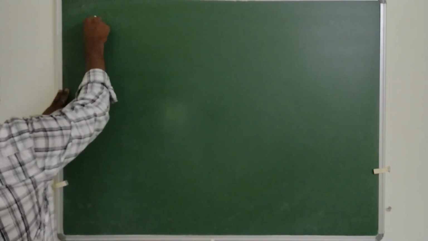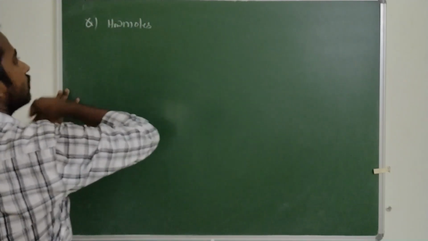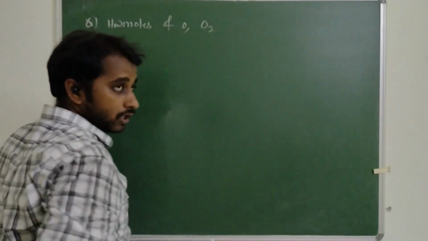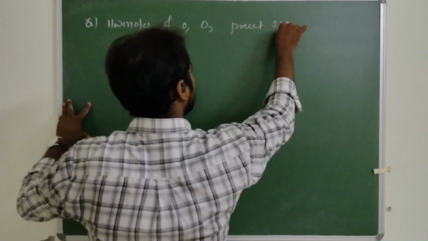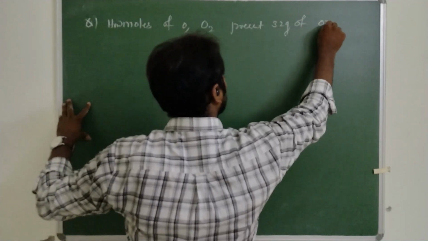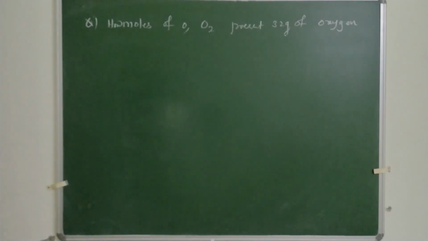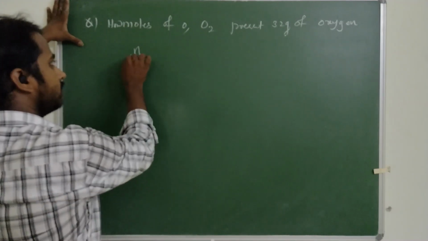For an example, how many moles of oxygen atoms and dimolecular oxygen are present in 32 grams of oxygen? So here number of moles can be written as n.